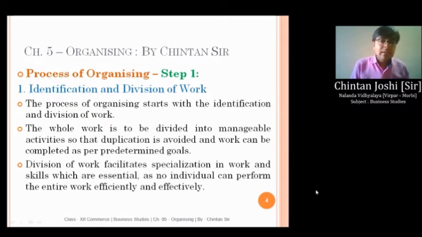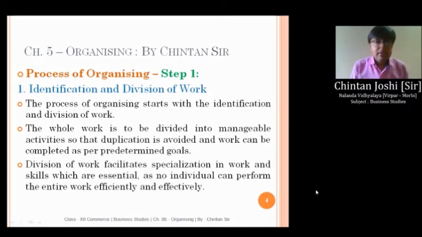Here there is one important keyword: the work will be divided into manageable activities. Why are we going to divide the work? So that we can avoid duplication of work. That is important for us, right? Duplication of work must be avoided.